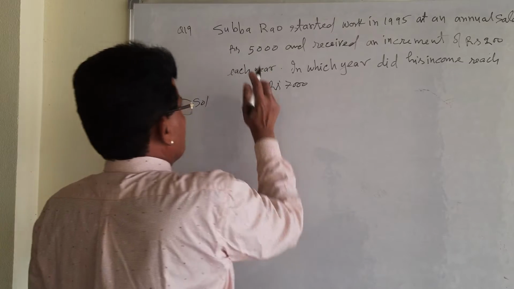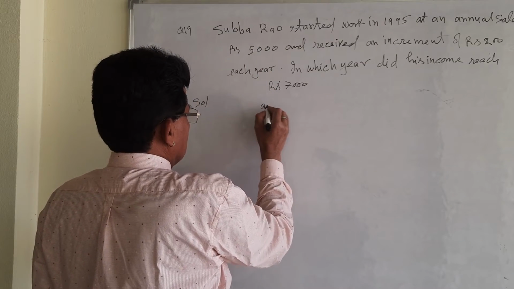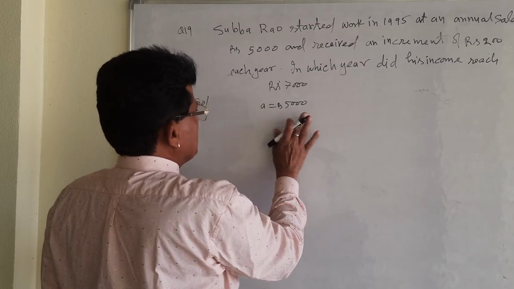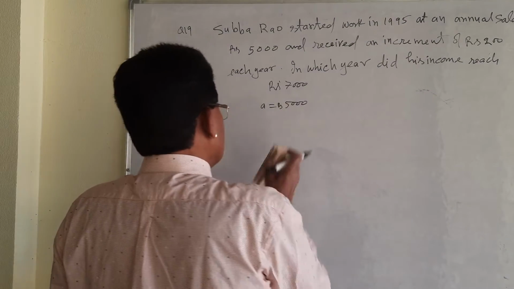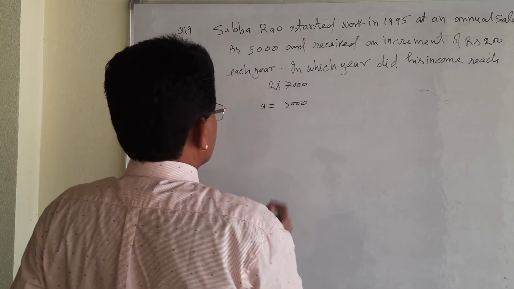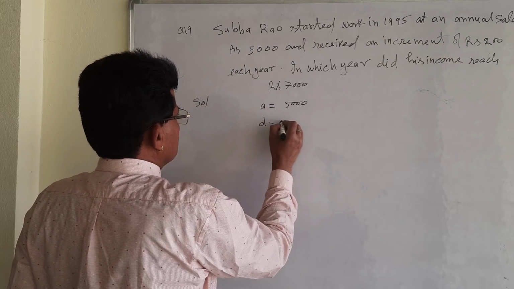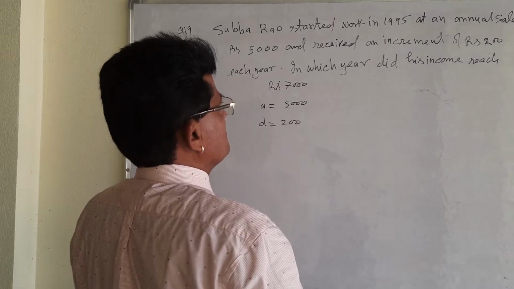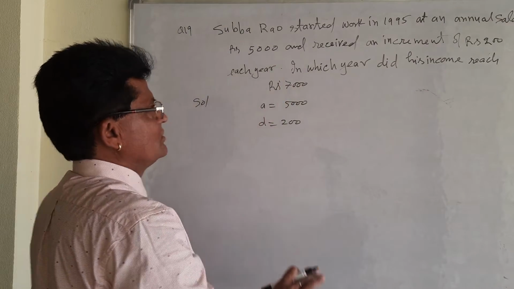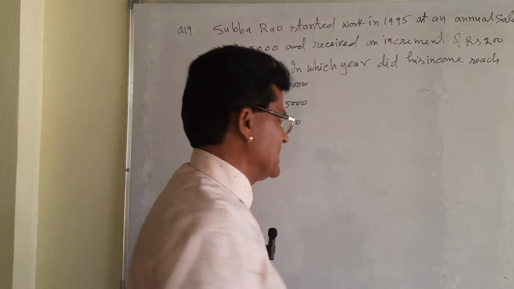As I told you, beginning first term A will be 5,000 rupees. Let me write 5,000 only, so that I will not write rupees over here. And D will be how much? 200 rupees, annual increment. And it is given, you tell the number of years.